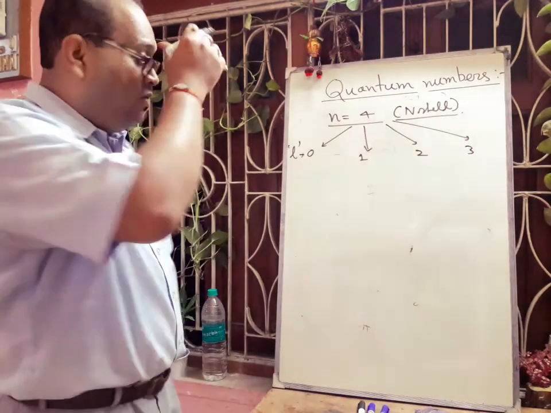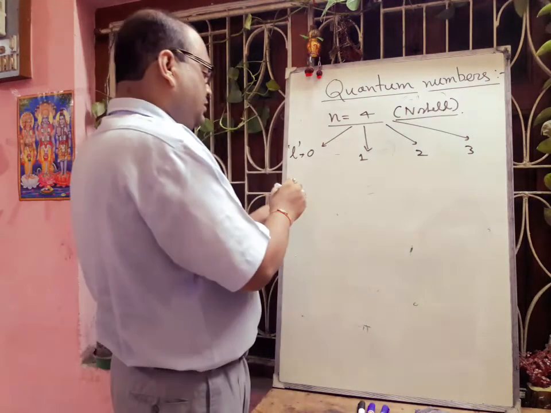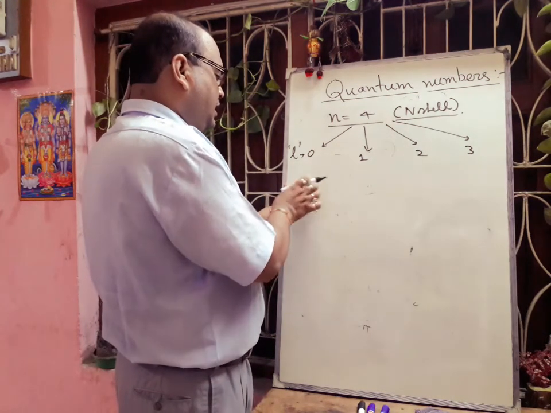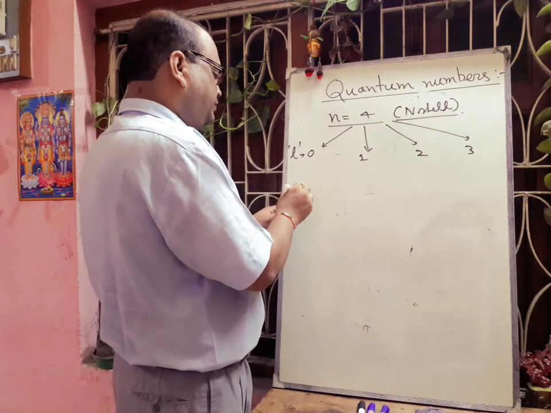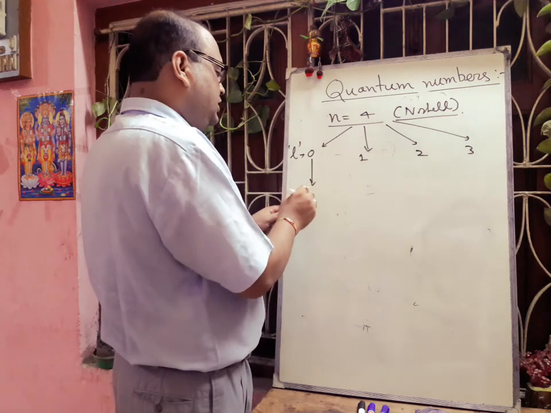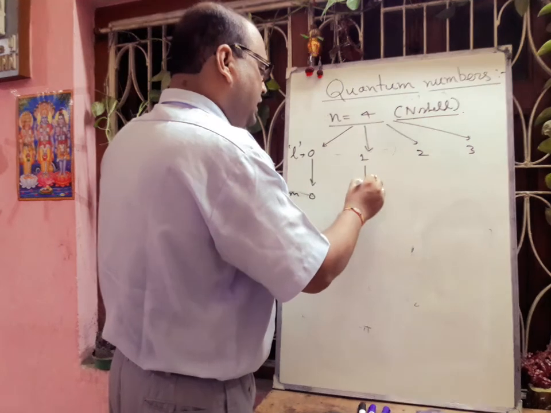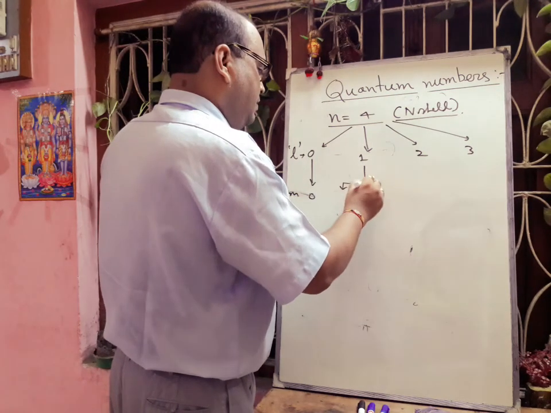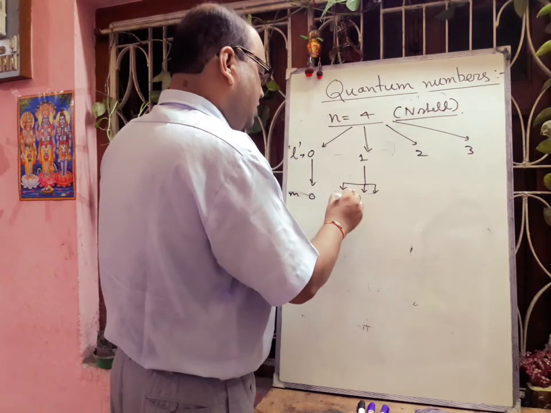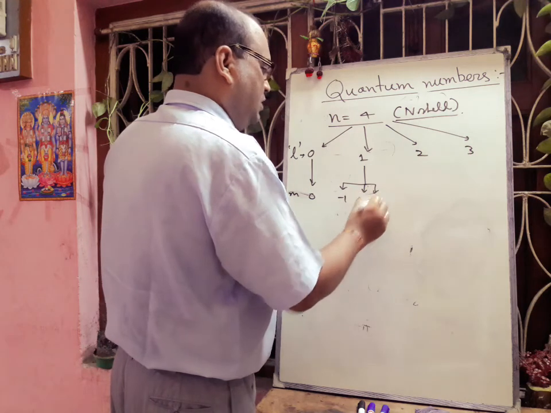Understand? Now what will be the magnetic quantum number, M value? For L equal to 0, the M value will be only 0. For L equal to 1, the M values will be 3: minus 1, 0, and plus 1.